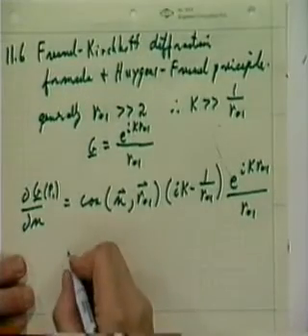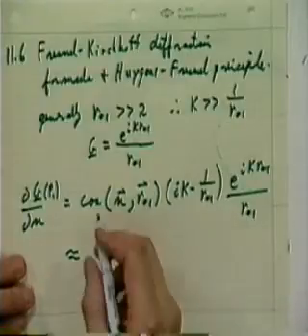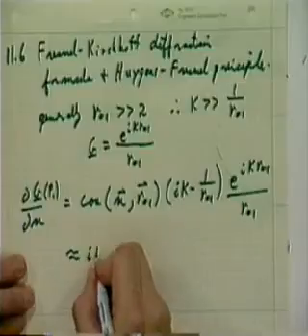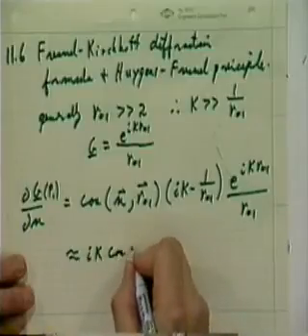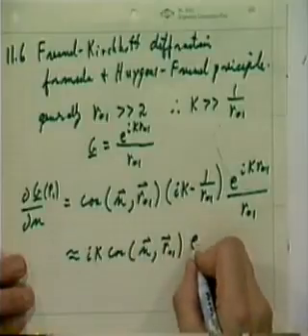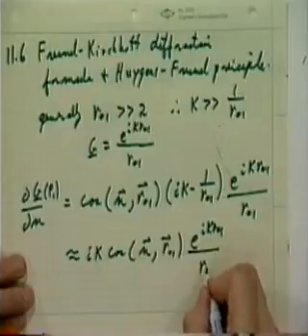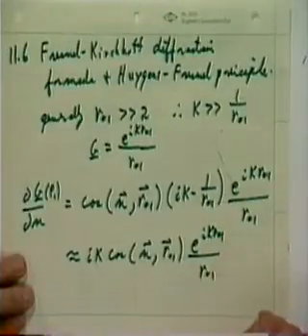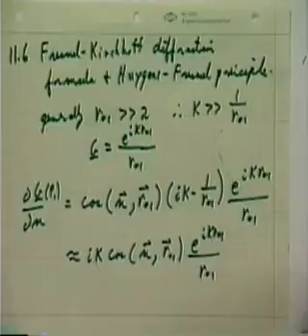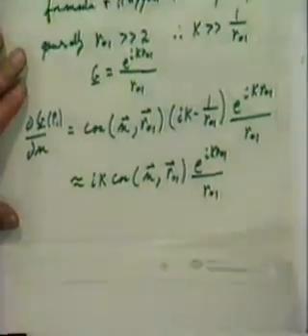And so this is about ik cosine (n, R01) e to the ikR01 over R01. So now we can take that and plug it back into our equation for u of p naught.